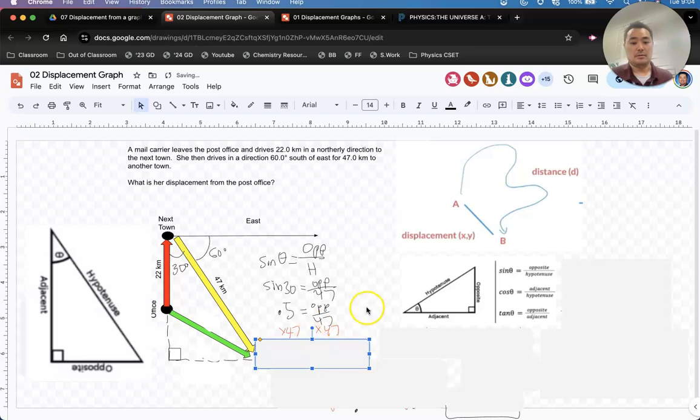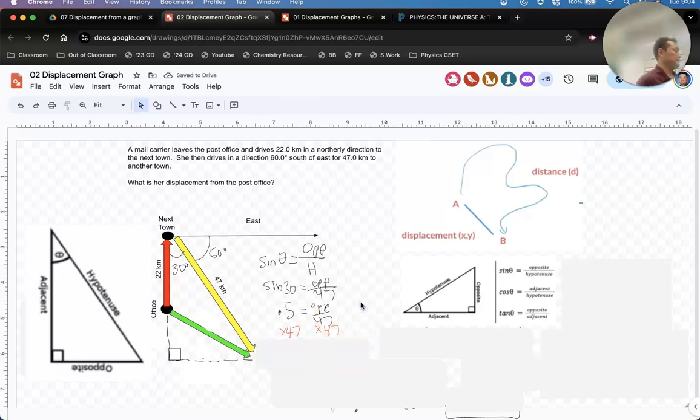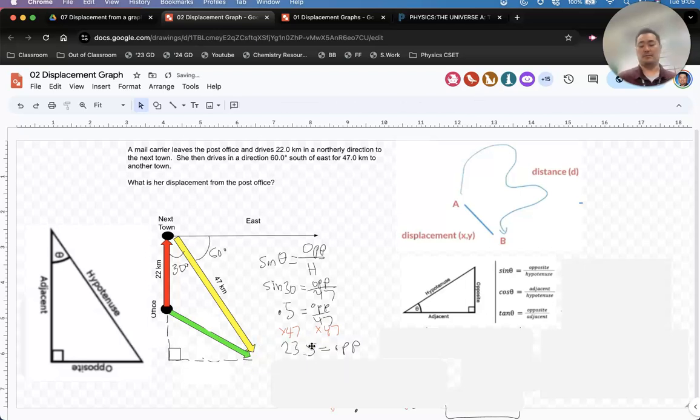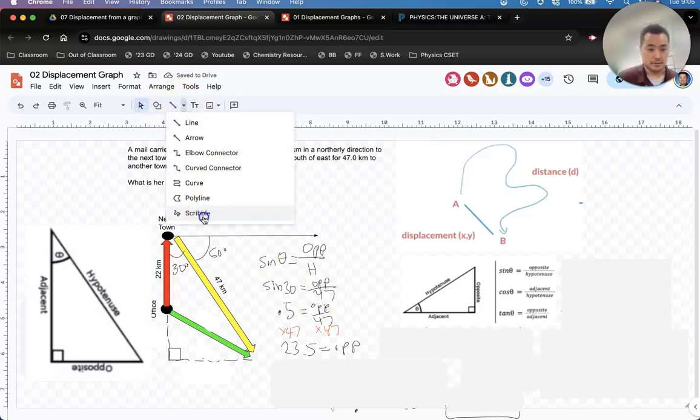Okay. Everyone see that? Multiply both sides by 47. And then what do you get, Natalie, if you do 0.5 times 47? 23.5 equals opposite. Let me make this a little neater.